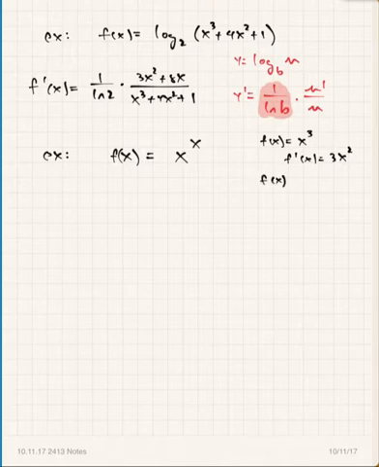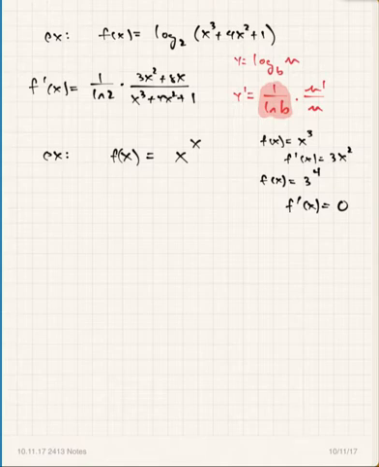And if you have a constant to a constant power, that's just a constant, so its derivative is 0. And so those two derivatives, the power rule and 0, come up right away. But this function doesn't fit either of those forms because this is a variable to a variable power.